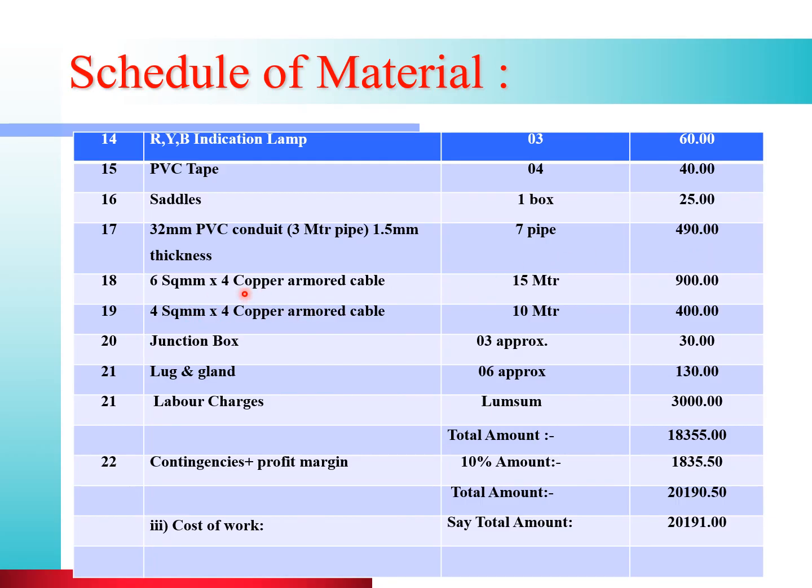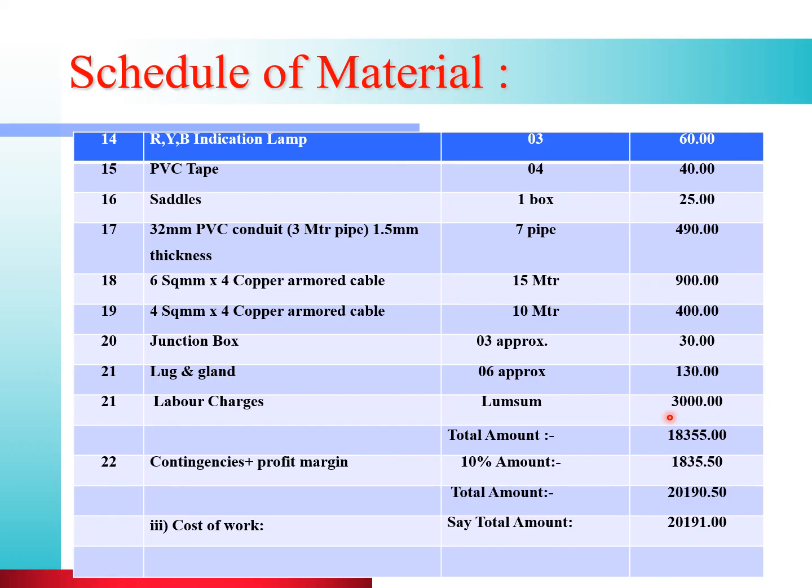Then copper cable 6 square mm for the 10 horsepower motor, approximately 15 meter is required. 4 square mm 4 core copper armored cable for the 5 horsepower motor, it is 10 meter. Then junction box, then lugs for connecting that cable to the motor box, approximately 6.